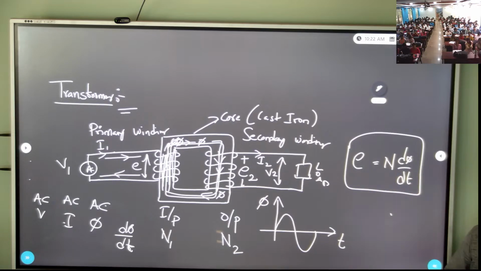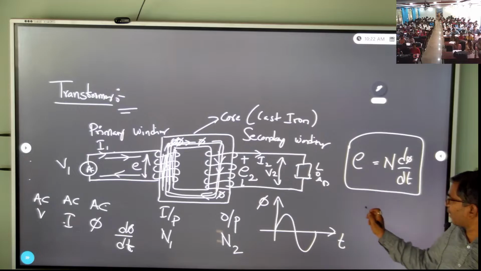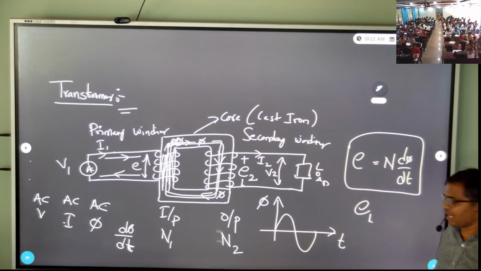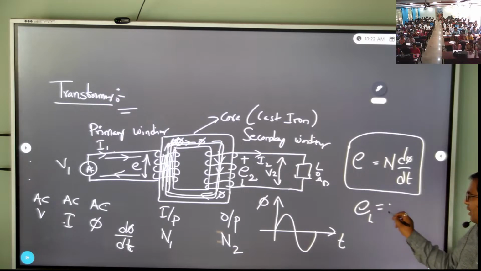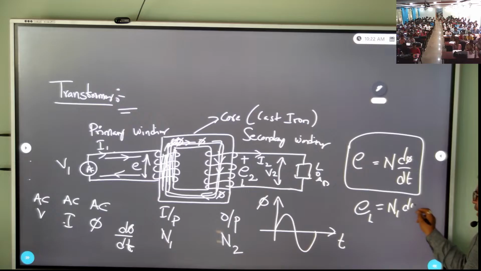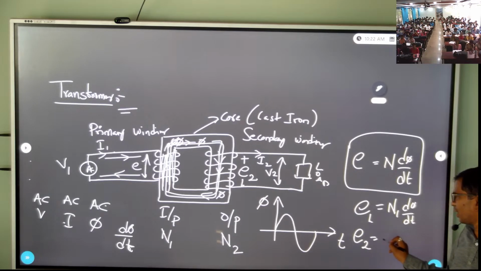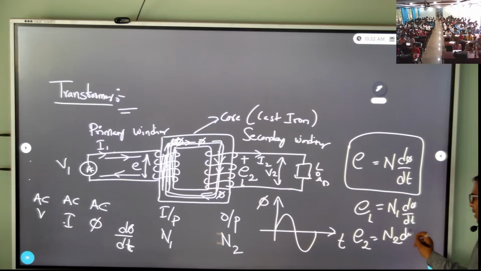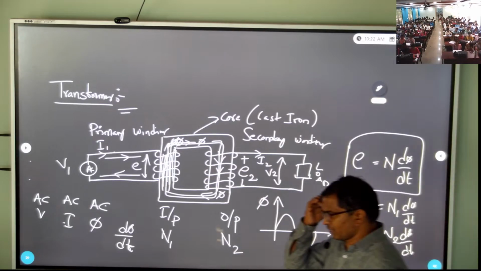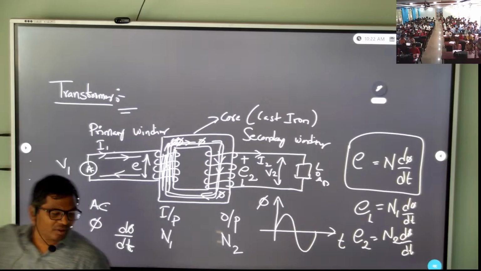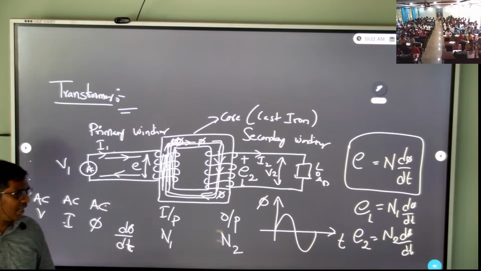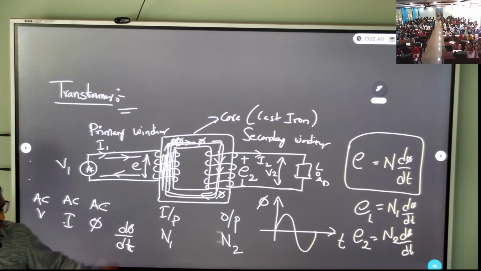For example, for the primary induced EMF, you write E1 is equal to N1 d phi by dt, and E2 is equal to N2 d phi by dt.